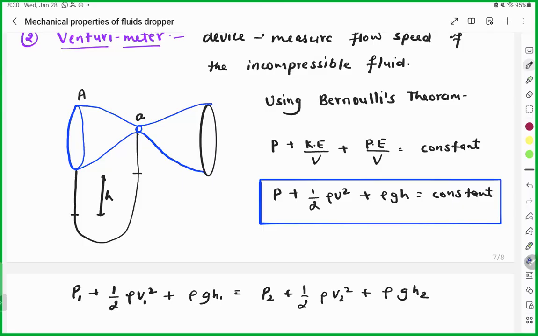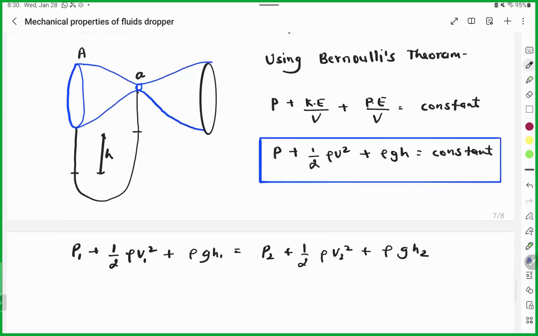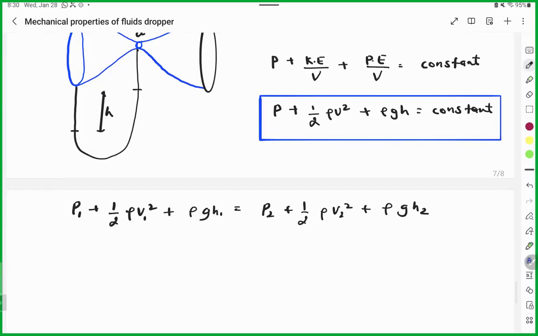Got it? In this case, if we take the pressure difference between these two points, it will be equal to rho gh. So you have to calculate rho gh in this situation.